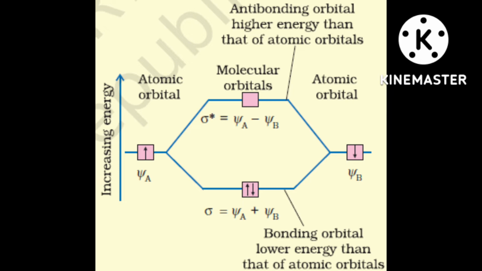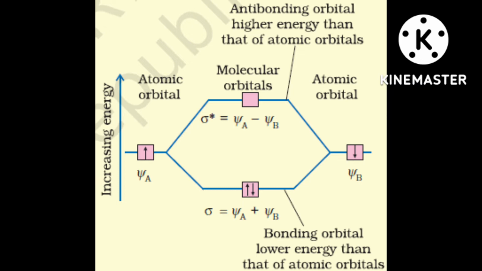Now understand, the main thing here in molecular orbitals is that 2 atoms will be there, A and B, hydrogen atom A and hydrogen atom B, meaning psi A and psi B. Here, 2 situations are there.